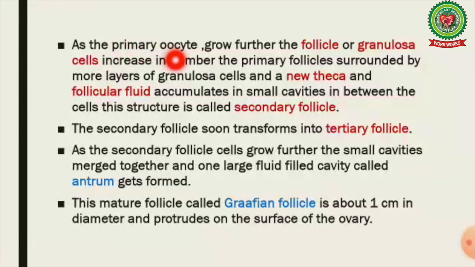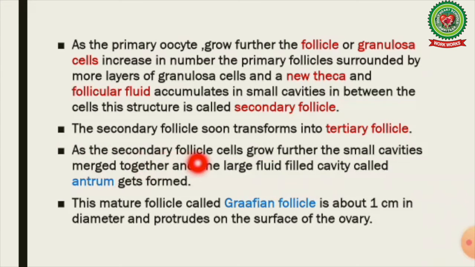As the primary oocyte grows further, the follicle or granulosa cells increase in number. The primary follicle surrounded by more layers of granulosa cells and a new theca, and follicular fluid accumulates in small cavities in between the cells, and this structure is called the secondary follicle. The secondary follicle soon transforms into the tertiary follicle.